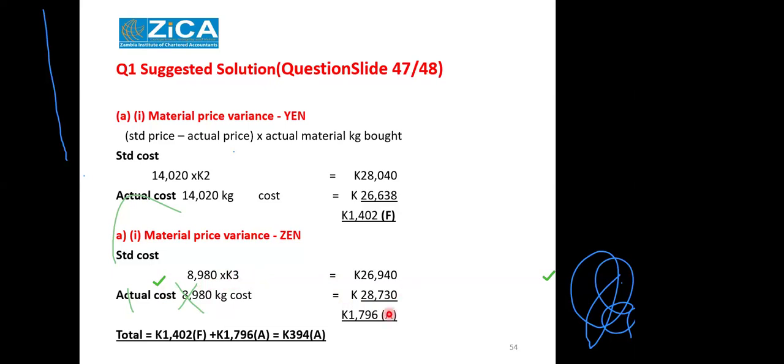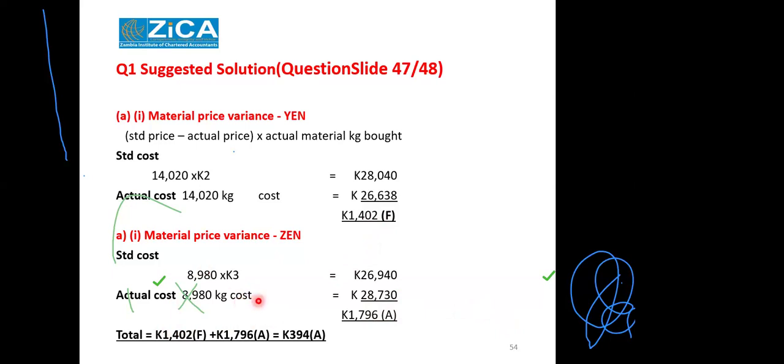So you spent more, and therefore you have an adverse variance there, 1,796. Then the question also asks for the total, otherwise you will lose the marks for the total. So you add the favorable variance to the 1,796 adverse, and you get the net total.